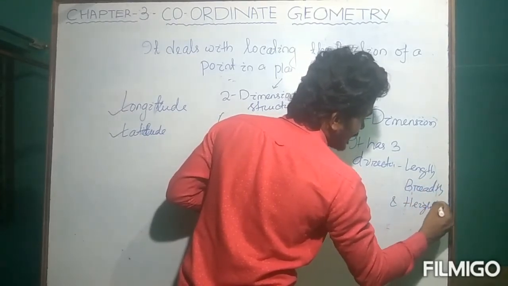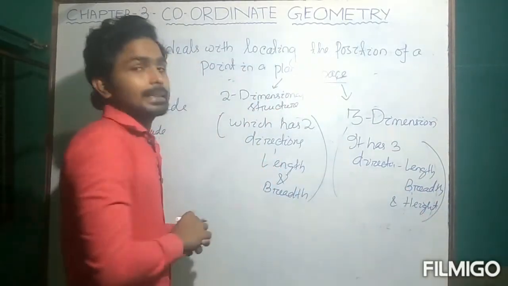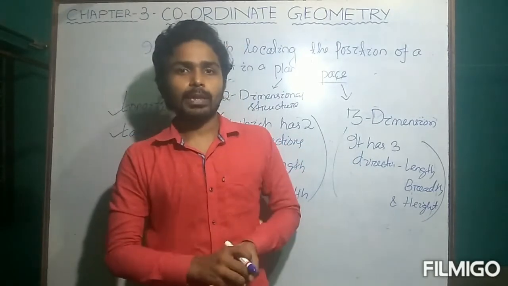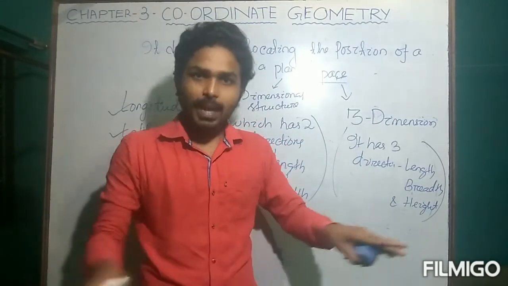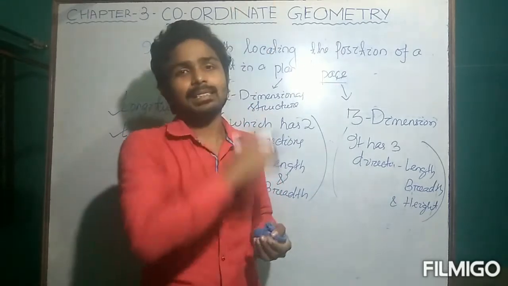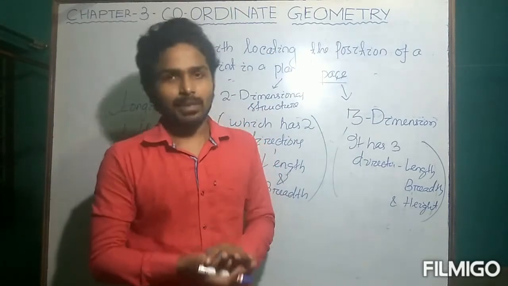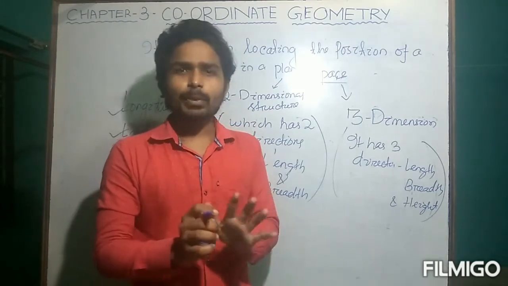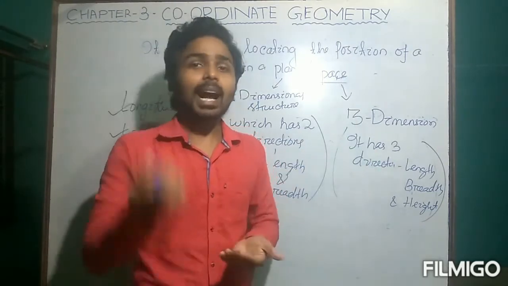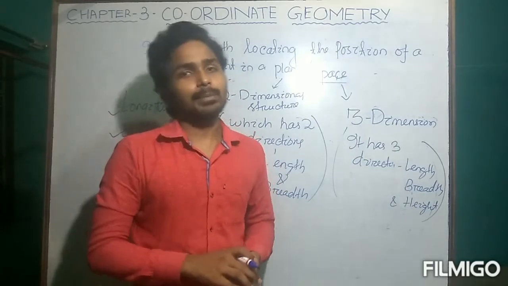So which has three directions is known as 3D. You can take the example of this room. This room has length, breadth as well as height. So it is a three-dimensional structure. Anywhere where you can move through length, breadth and height is known as a three-dimensional structure.